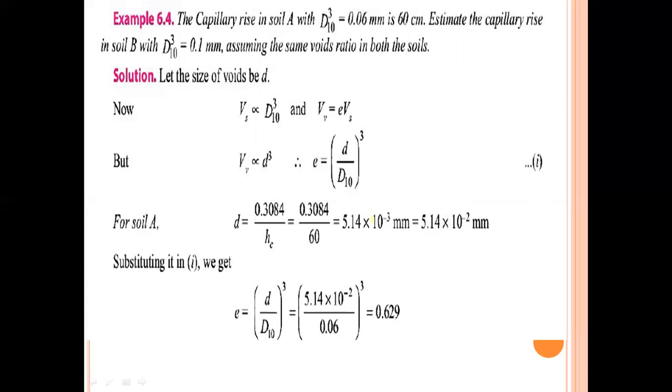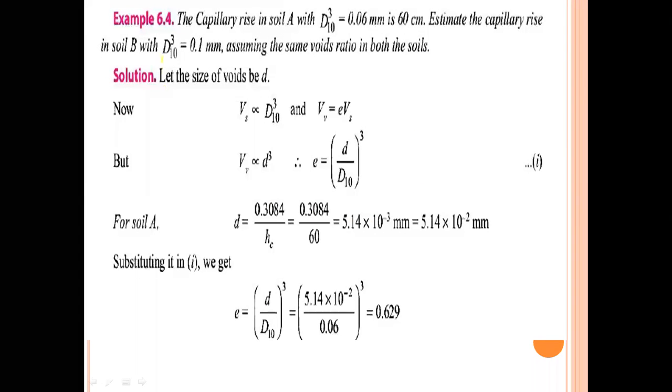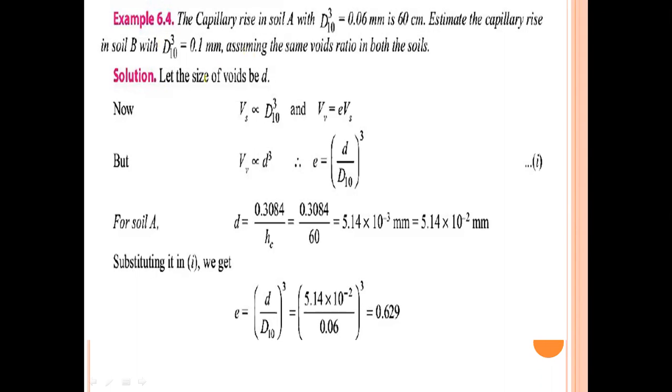Estimate the capillary rise in soil B with D10 equal to 0.1 mm, assuming the same void ratio in both soils. Write the solution and given data. For soil A, D10 equals 0.06 mm and the rise is 60 centimeters, and for soil B, D10 is 0.1 mm.